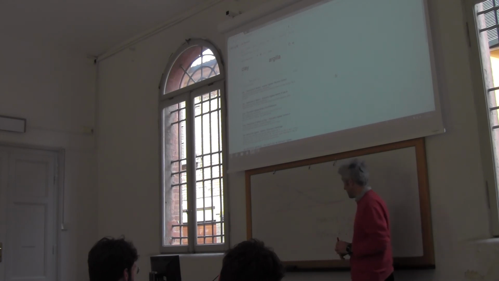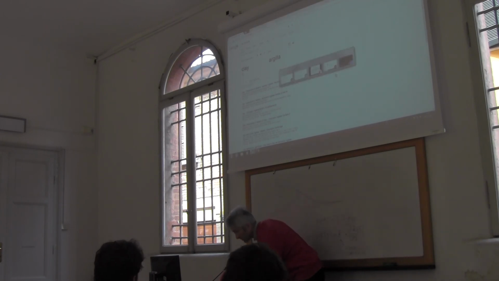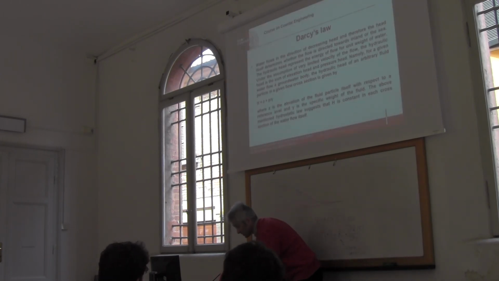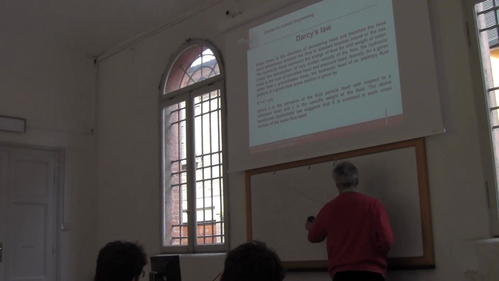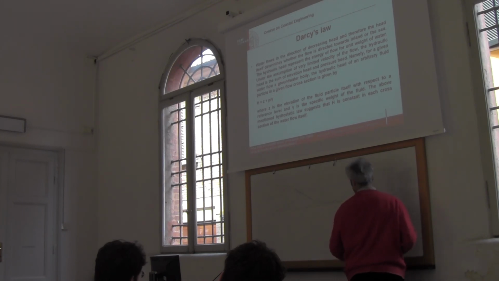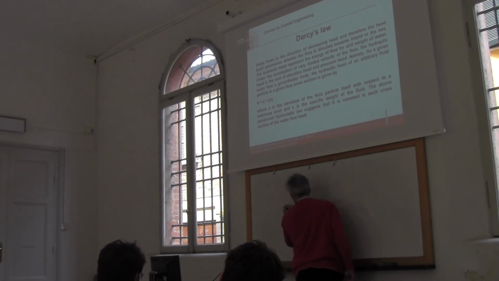Okay, now, what happens at the interface? I have a picture to show you, but let me first introduce it on the blackboard, because I think it is simpler. My purpose is to estimate, for instance, the position of the interface here.